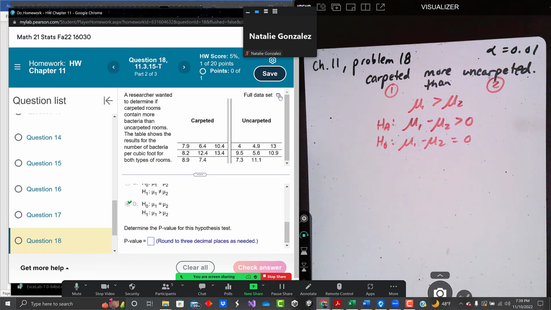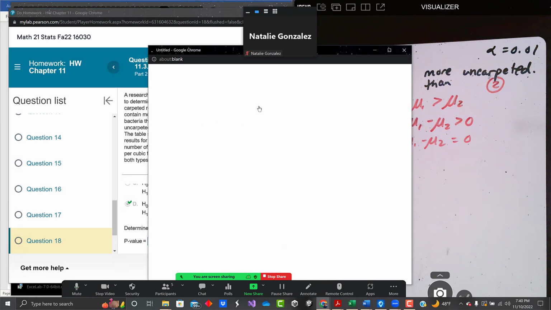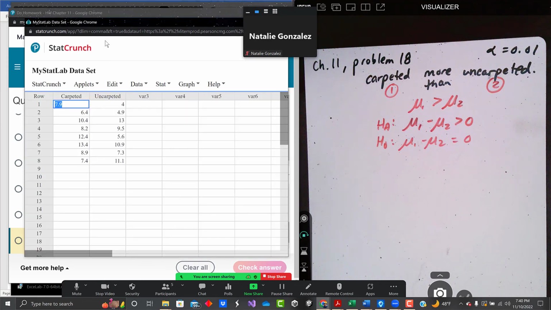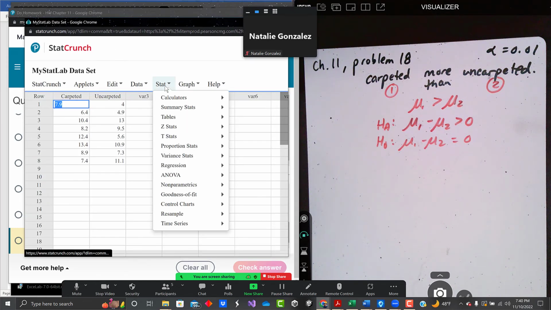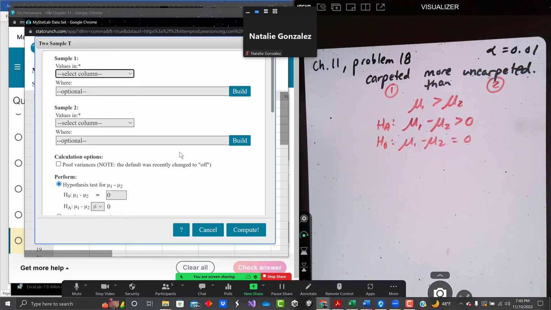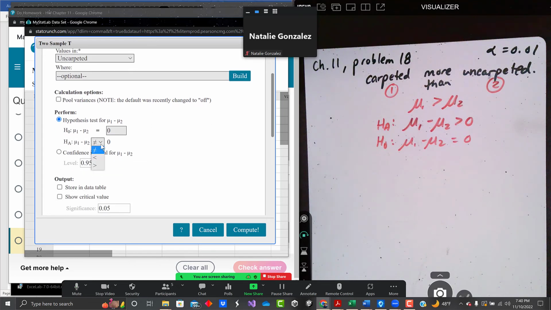Determine the p-value. I need to use the data set. So I will open that in StatCrunch. Stats, T stats, 2 sample, with data. I want group 1 to be carpeted and group 2 to be uncarpeted. And I want the greater than symbol.